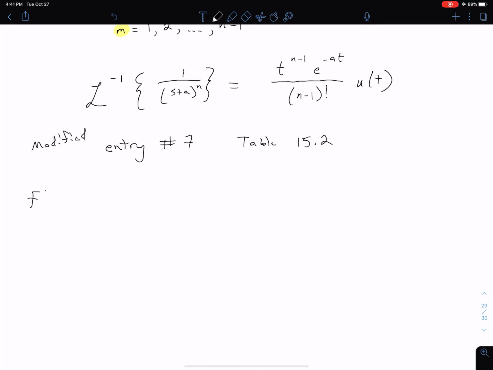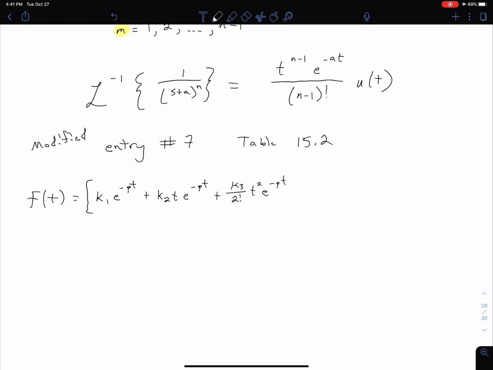So we know that our f of t is going to be equal to, in this case, k1 times e to the minus pt, plus k2 times t e to the minus pt, plus k3 over 2 factorial times t squared e to the minus pt.